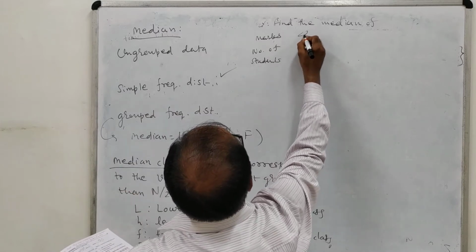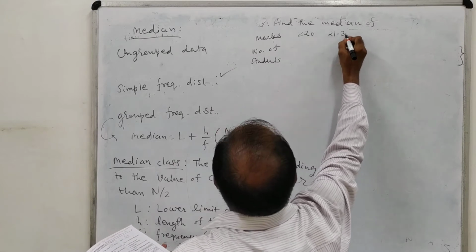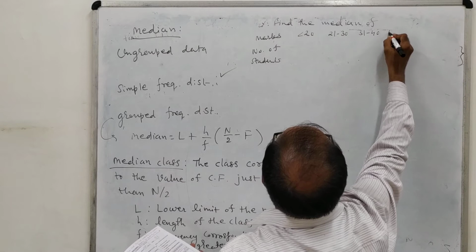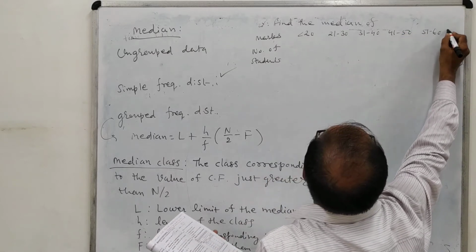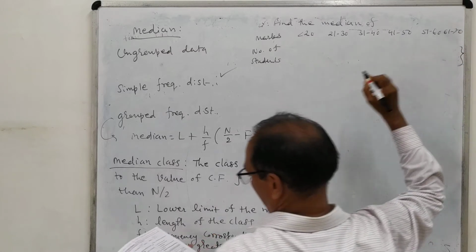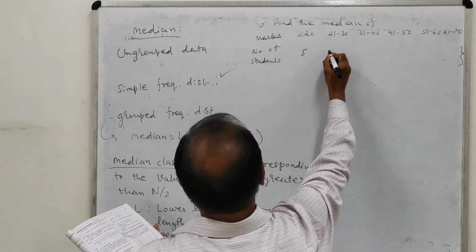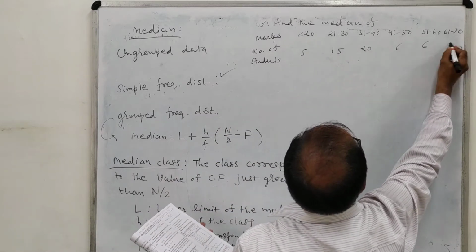Here it is less than 20, then 21 to 30, 31 to 40, 41 to 50, 51 to 60, and 61 to 70. And the corresponding numbers of students are 5, 15, 20, 6, 6, and 8.